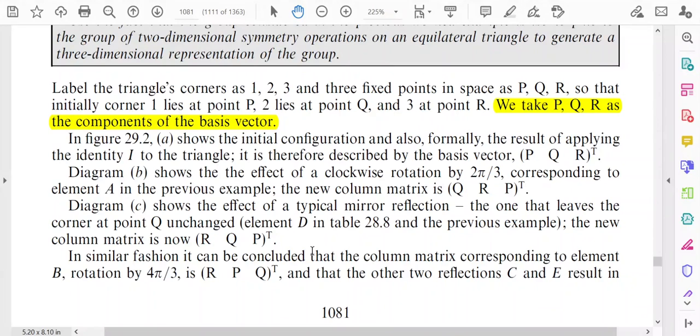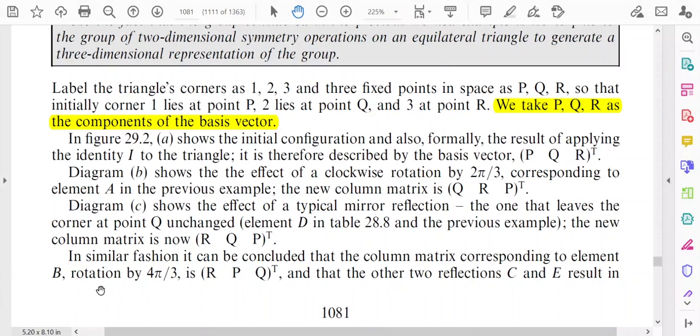For example, suppose the rotation of 4 pi by 3, which was denoted by the element B. I request the viewers to go through this particular topic in my earlier lectures, where we have shown the symmetry elements for the symmetry operations for the equilateral triangle, and there we have denoted different symmetry elements for different operations.